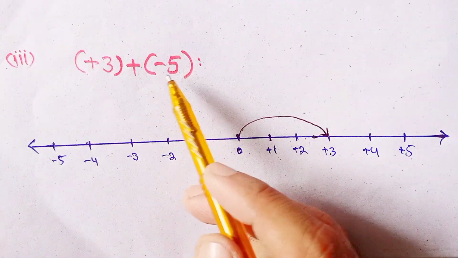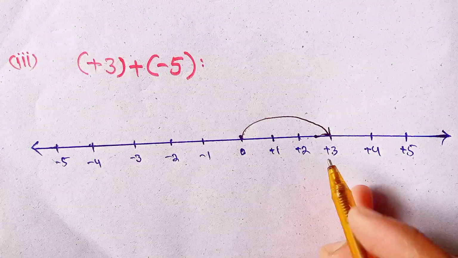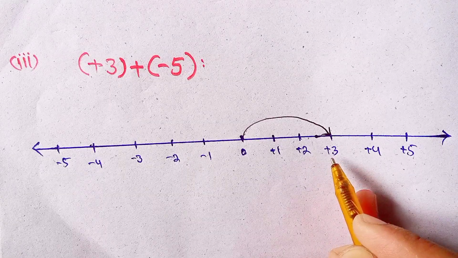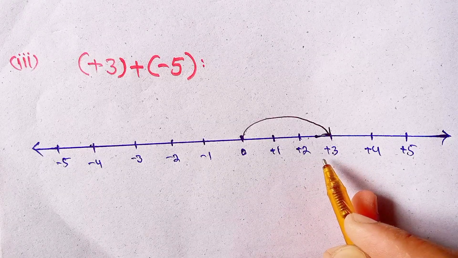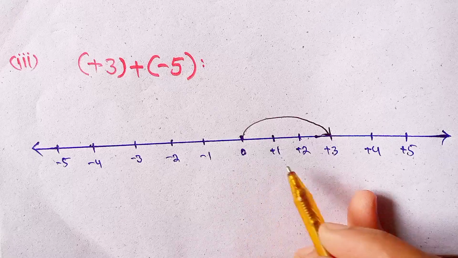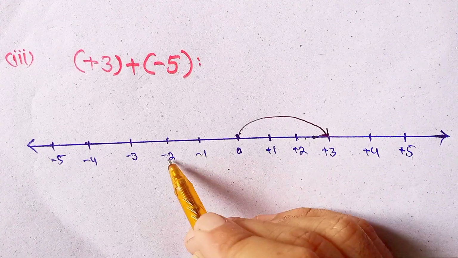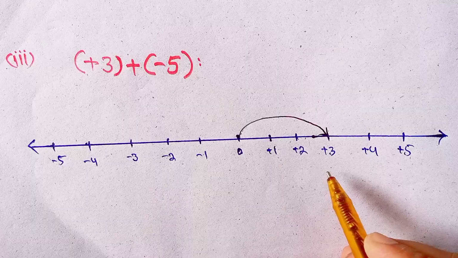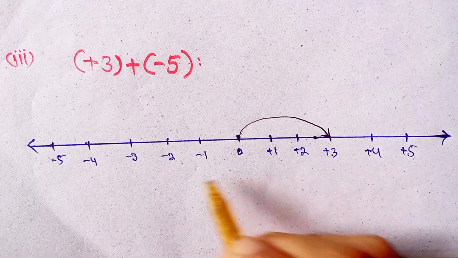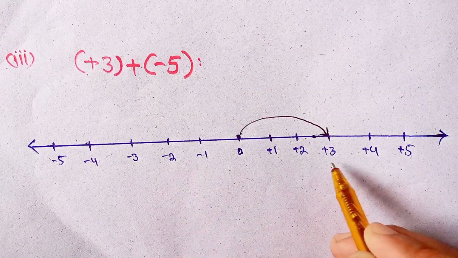Now as we are adding negative 5 to positive 3, we will consider the positive 3 as our reference point and count 5 unit distance to the left on the number line. So this is 1, 2, 3, 4 and 5. So I will start from positive 3 and will land on negative 2.